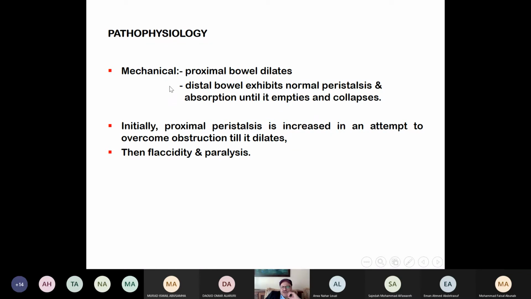The presence of bowel sounds will not rule out obstruction, because the patient can be completely obstructed, but still pass some motions from the distal bowel. And the number and amount of stool passed will depend on the amount of stool we have distally. So the more the obstruction is proximal, the more you will have passage of stool. So you can have a patient who is totally obstructed, but still may pass some bowel motions till he empties the bowel.